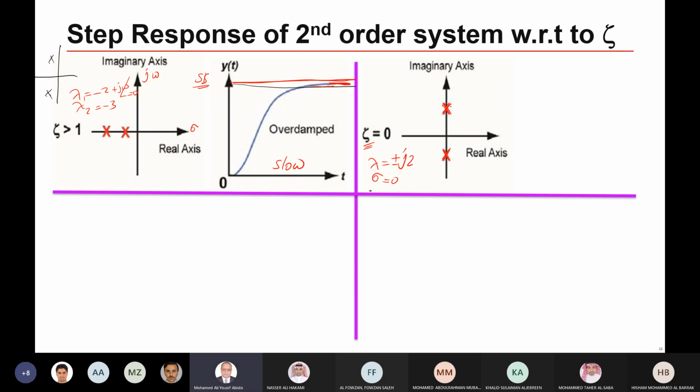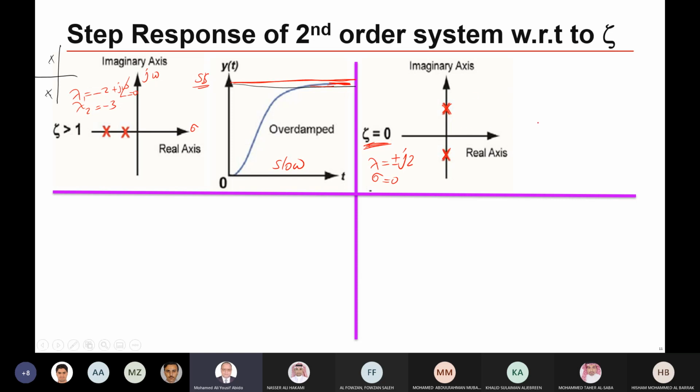In this case, you can see here the response will have zeta equal to 0. That means there is no damping at all. The response here is not stable. It is oscillatory around the steady state value.